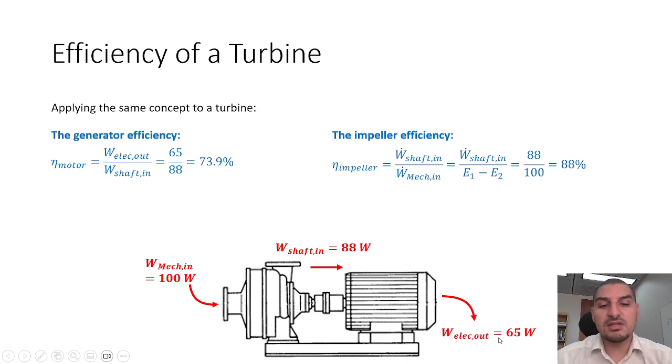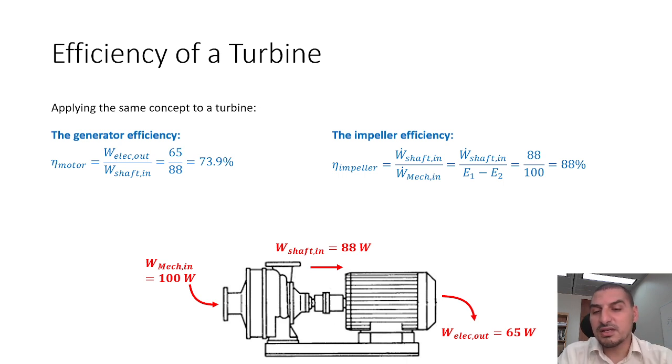We have devices that measure the electric power consumption, like what we have at home. We can know how much electric energy we're consuming. So we know how to measure this term and this term, but there is no way we can measure this term. It's a part inside a device, and it's a moving part.